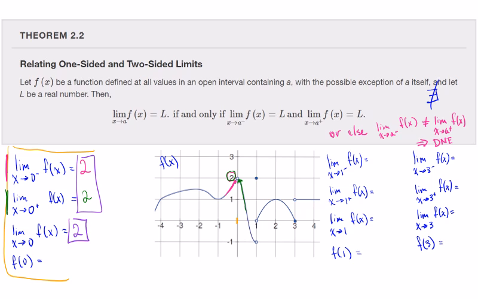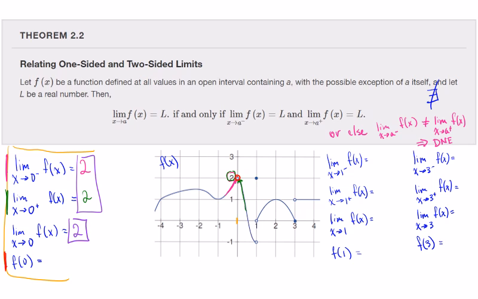Now I threw in this last thing, and this is something we've done way back in Algebra 1, which is function notation. Here it's saying find f of 0. So f of 0 is just what is the function at that point. If you just plug in 0 to the function, what do you get as your output? Now the issue here is at x equals 0, there's an open circle, and there's no closed circle anywhere else.